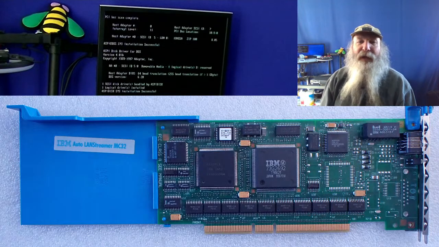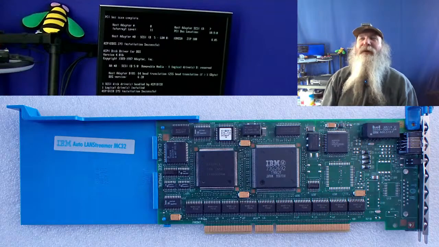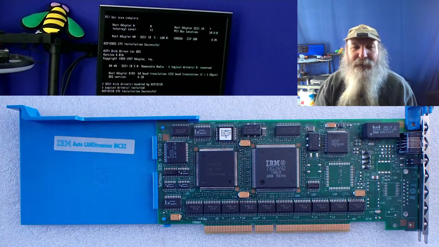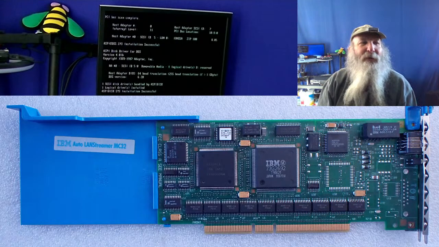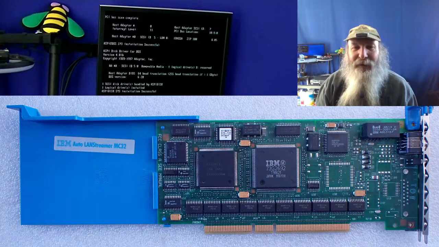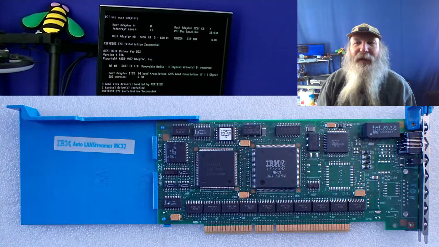But that's how affordable Ethernet was at that point, that IBM was looking at just throwing it in and including it on a token ring adapter as well, because it really was not an increased cost. But wouldn't it be cool to populate that stuff to get a working Ethernet interface onto this adapter once again.